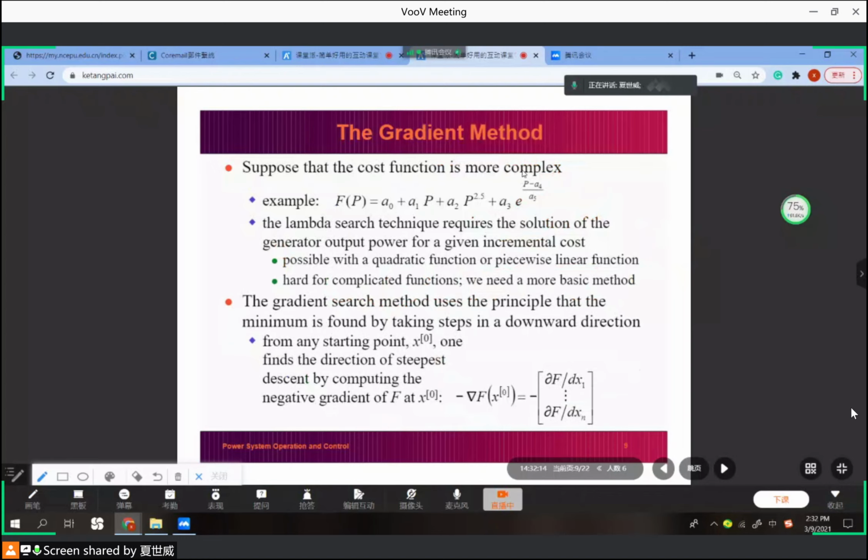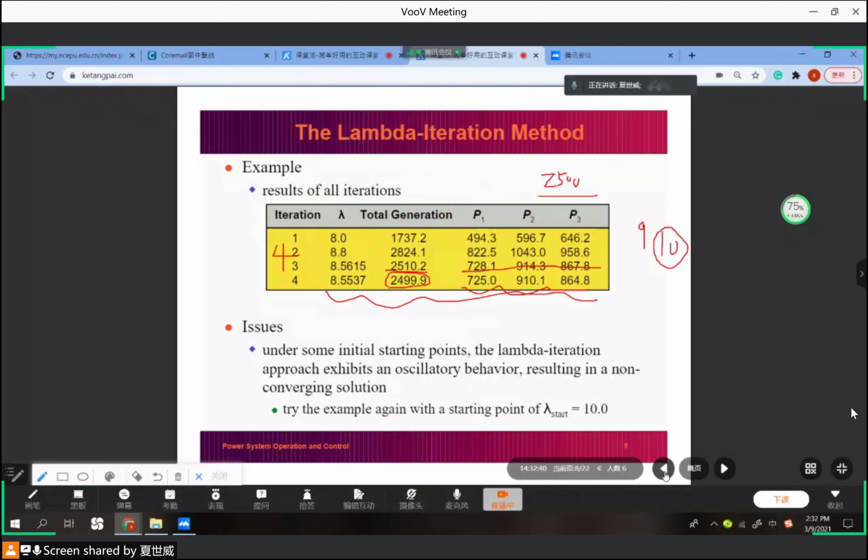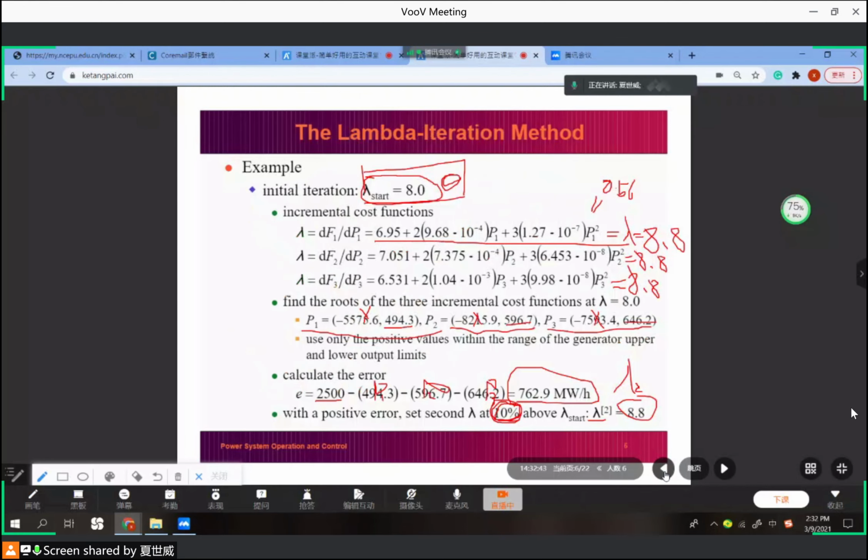Suppose that the cost function is more complex. For example, the input-output curve is like this: A0 plus A1 P plus A2 P to the 2.5 plus A3 multiplied by an exponential function. Because you have an exponential function, this is very complicated. Also for the lambda iteration method, you have to calculate P based on this equation.